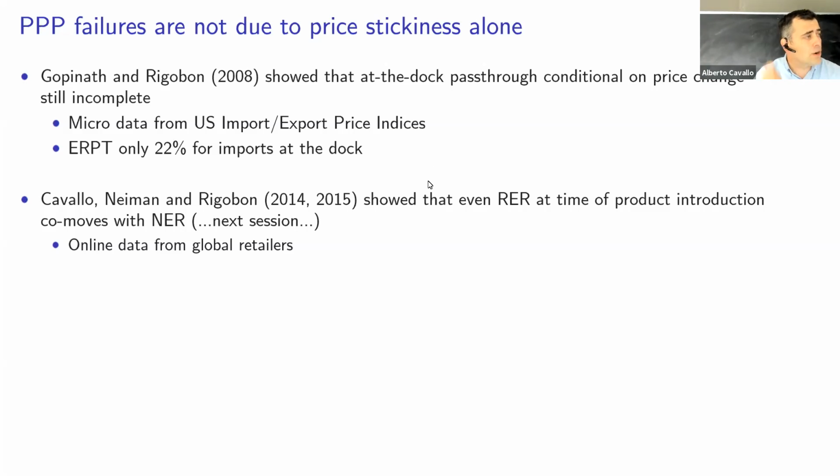So basically, the firms were not adapting to the movements in the nominal exchange rate, and they were not doing the pass-through even at a time when they were introducing new products and had the ability to do it. But I'm going to leave the discussion for the next section where I'll tell you in detail why this was happening.